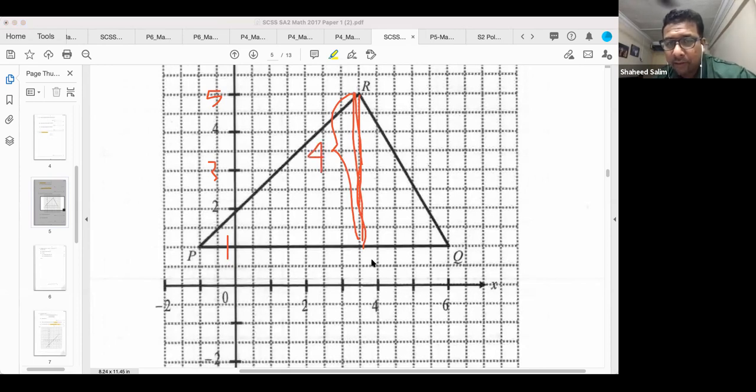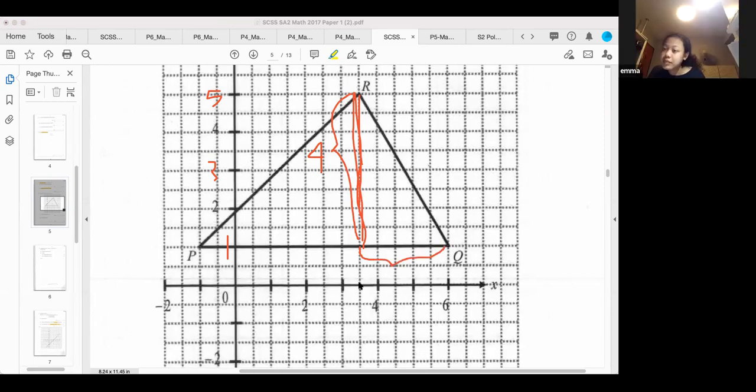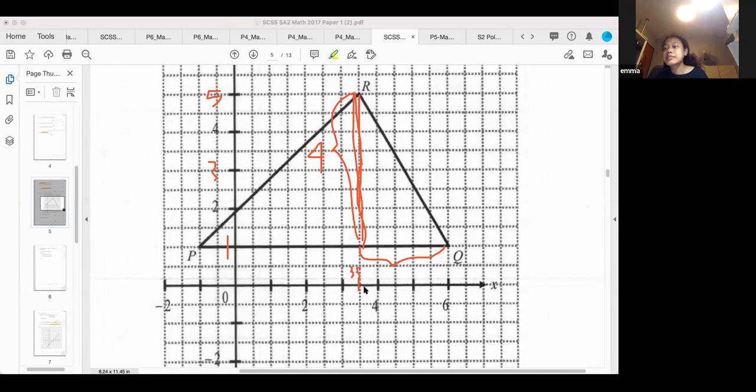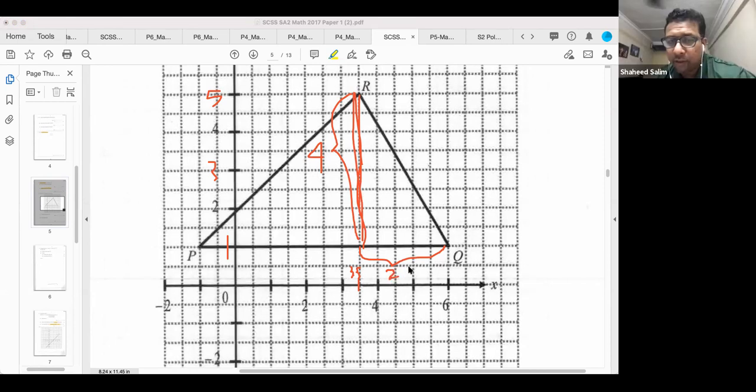Down here to here, be careful: 6, and this one I think is 3.5 here. So what is the line from here to here? 6 minus 3.5. 2.5.